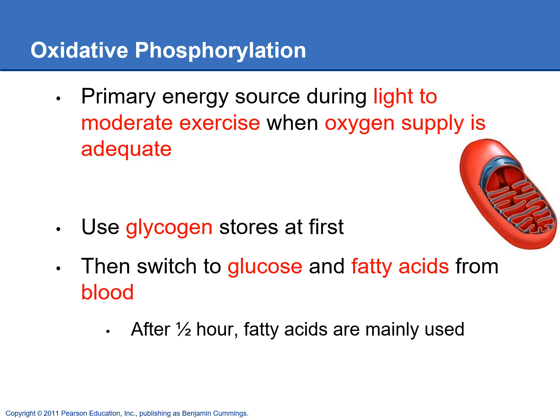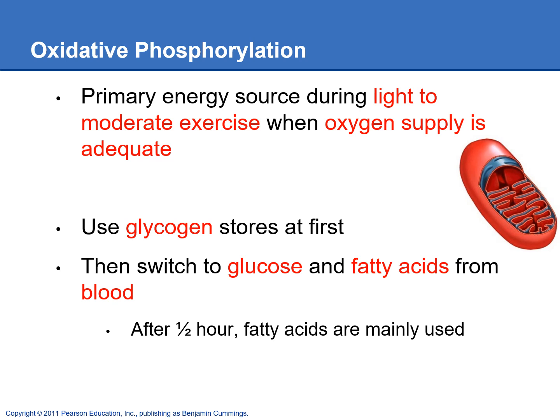All right, so let's take a look at using the mitochondria doing aerobic respiration. If you're doing light to moderate exercise, light exercise would be maybe like walking, and then moderate exercise would be, for example, going for a jog.